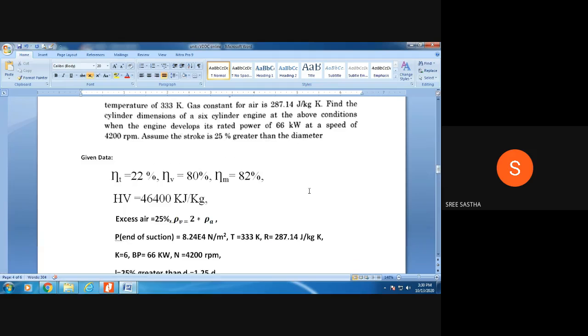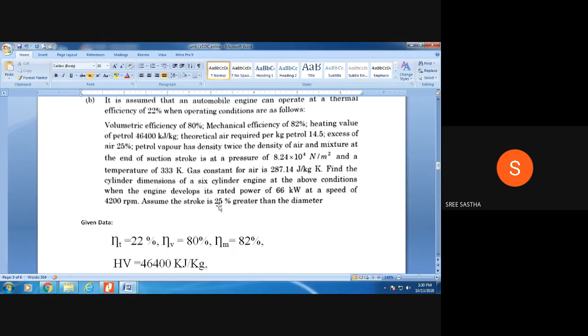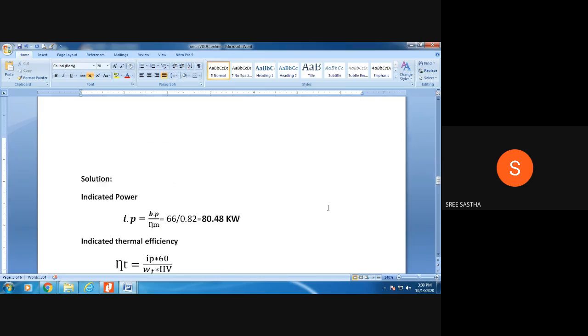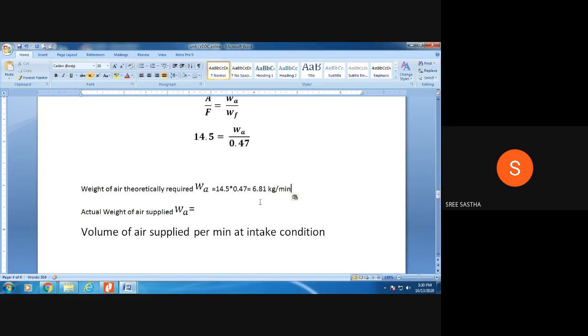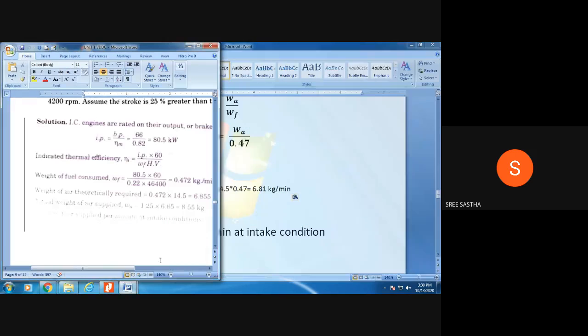But we are supplying some excess air. Compared to this, I am supplying 25% more. So I will multiply this by 1.25. Otherwise, I will find out 25% and add it to this.